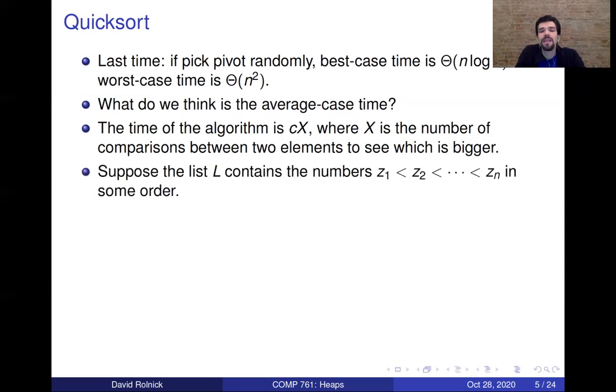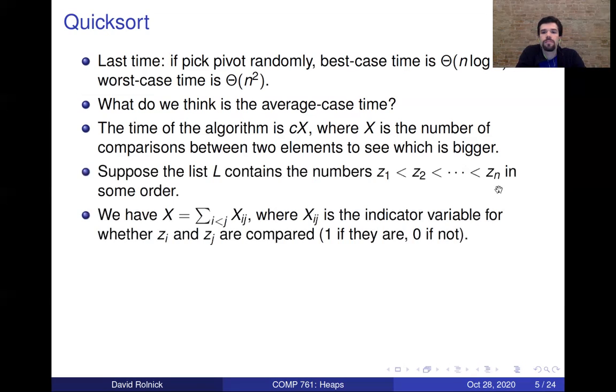So suppose the list contains the numbers z1 through zn in some order. Now, we're trying to work out this number of comparisons between two elements. And a good way to do something like this is to write X as the sum of indicator variables.